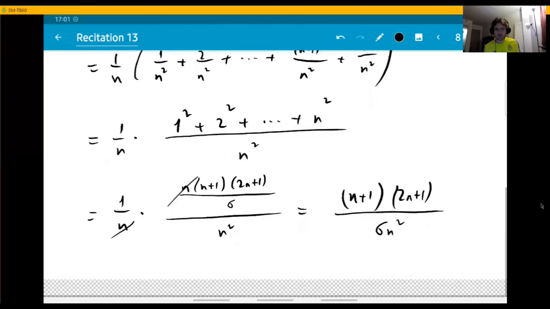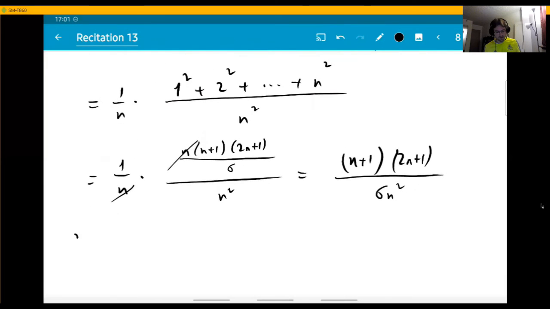All right, that's Rn. The integral is supposed to be the limit of that as n goes to infinity. So let's try to find this limit now.